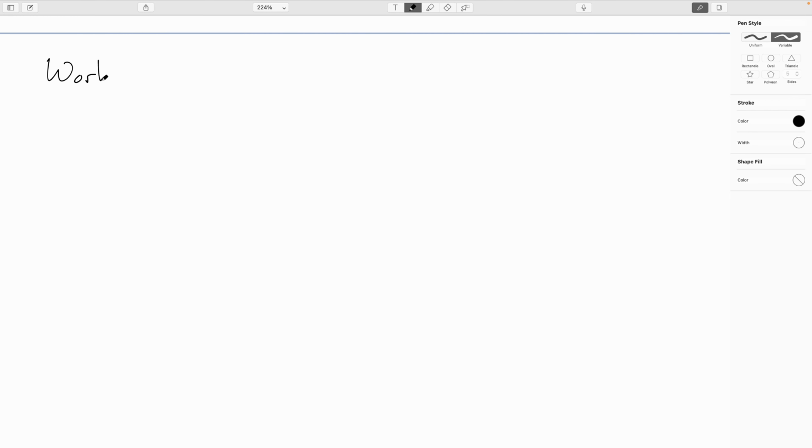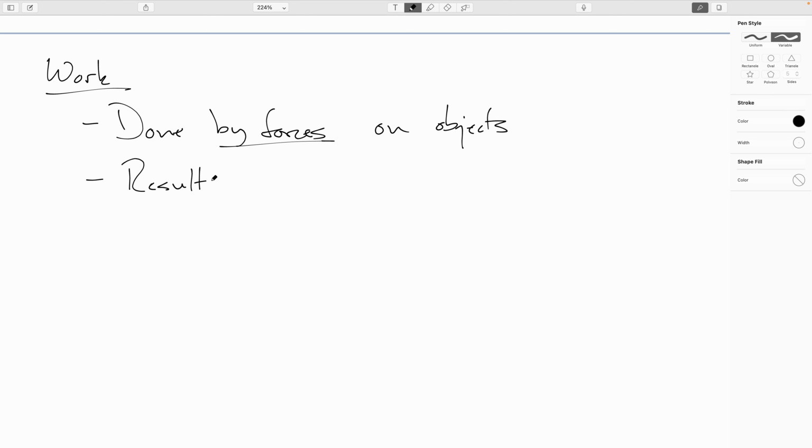So now that we've run across it, we can say that work, first off, is something that is done by forces on objects and is the result of a force being applied through a distance. Through a distance, yeah.